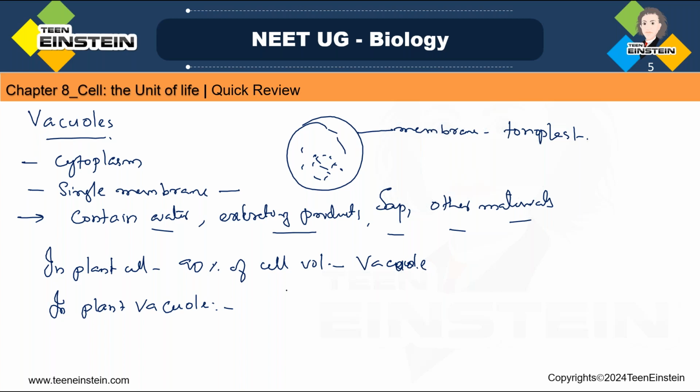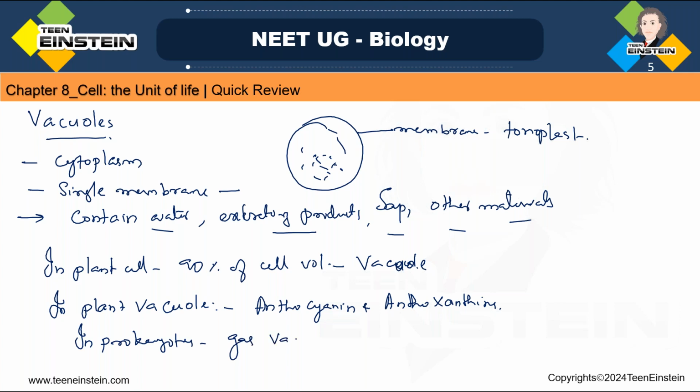Both are found in the plant vacuole. In prokaryotes, you can see gas vacuoles also. So which are the main points we need to learn about vacuoles?